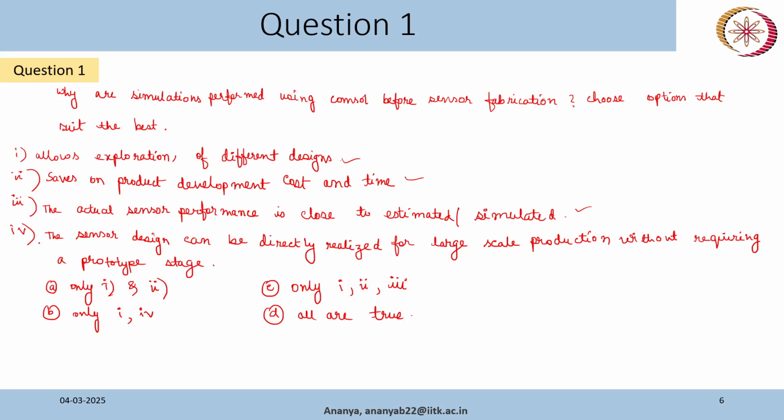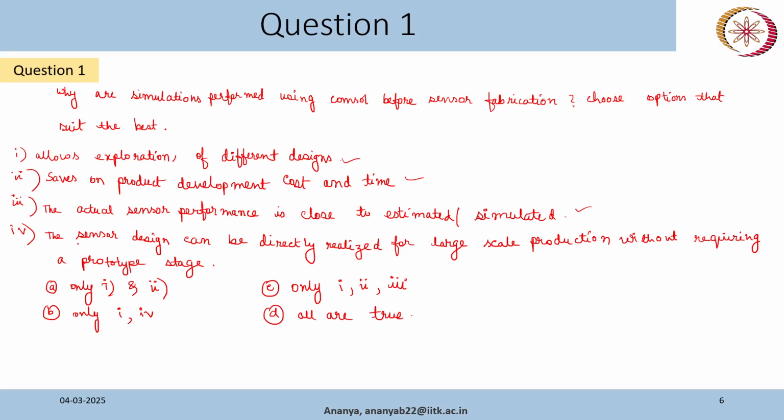And the last option is the sensor design can be directly realized for large scale production without requiring a prototype stage. So that is what option D is, if we consider all of the above. This statement, even though it looks true, is not true.